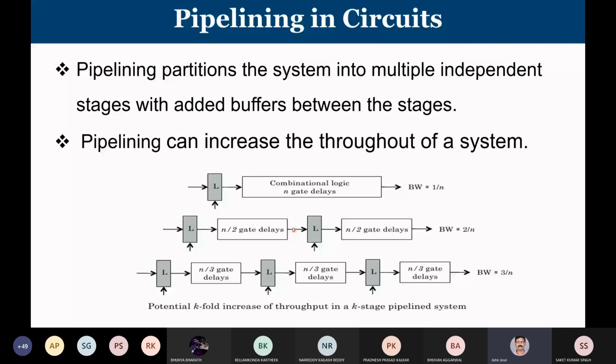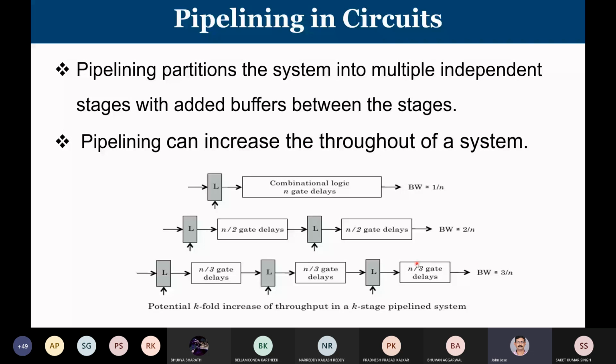And these latches make sure that you are going to start everything together. So at the beginning of a clock cycle, the instructions or partially processed instructions are available in the latch. Now as the clock ticks, the extreme rightmost n by 3 gate delay unit reads from its latch, performs the operation and generates the output.